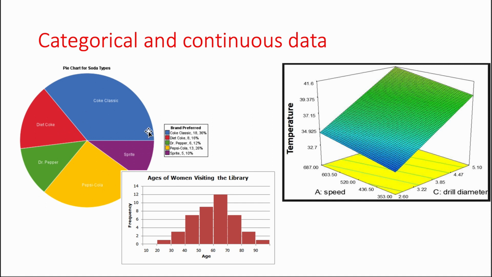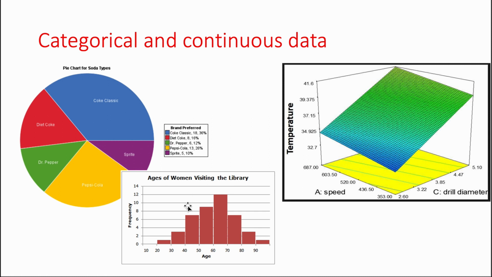I can move Diet Coke over here. I can move Sprite over here. So a dead giveaway that it's categorical data is if you can move the data around without actually altering the data or the meaning behind the figure. So that is a great example of categorical data.